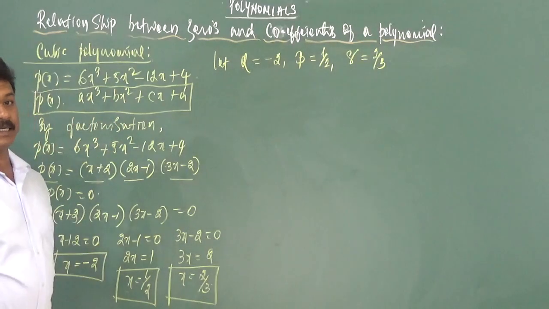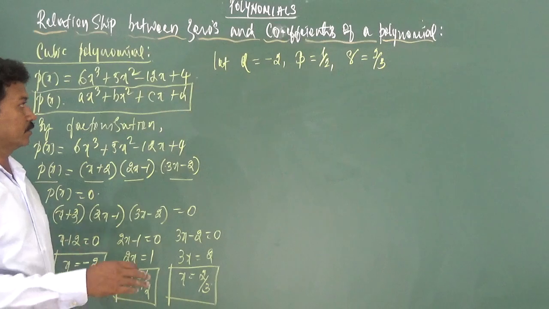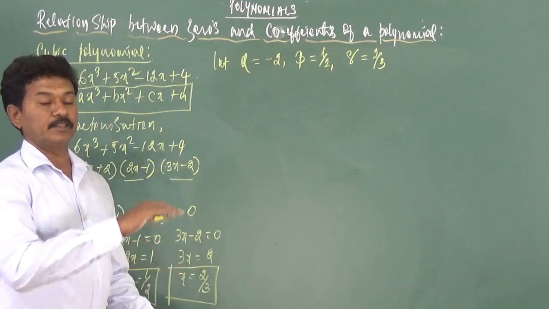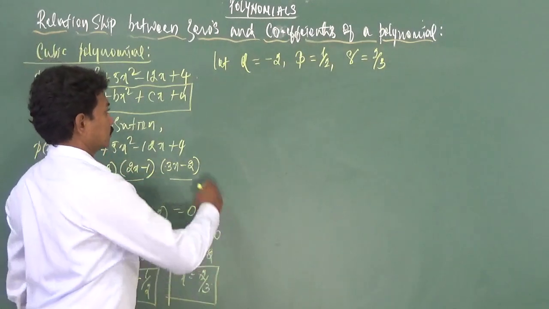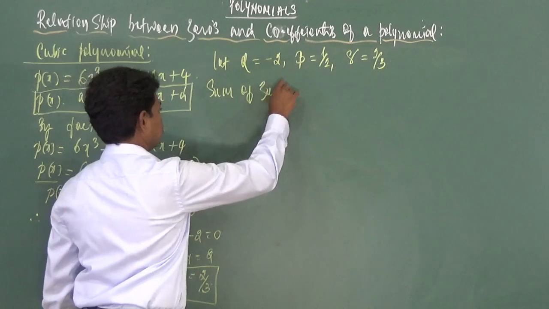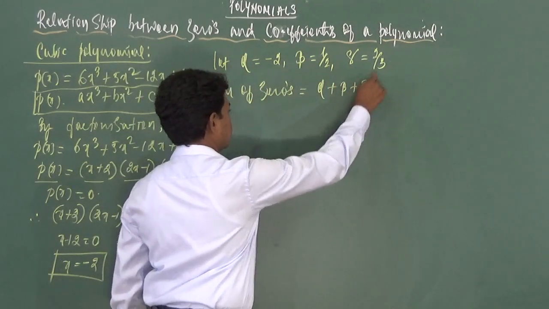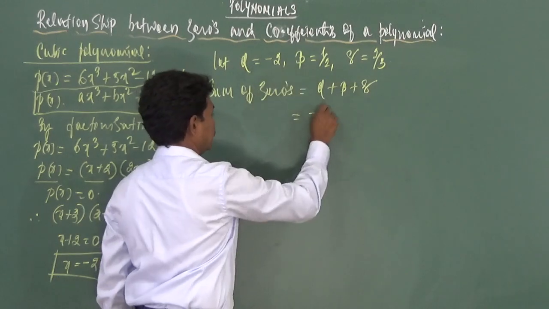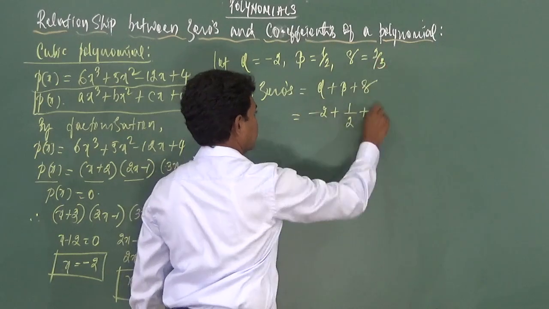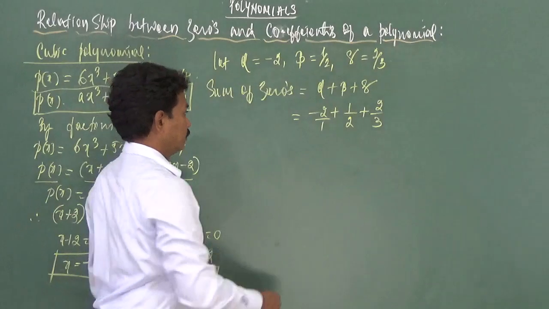Now we will take the sum of the zeros. We will try to find out the sum of the zeros, and let us compare that with the coefficients. So sum of zeros is equal to alpha plus beta plus gamma. So alpha is minus 2 plus beta is 1 by 2 plus gamma is 2 by 3. So below this we have 1 as the denominator.